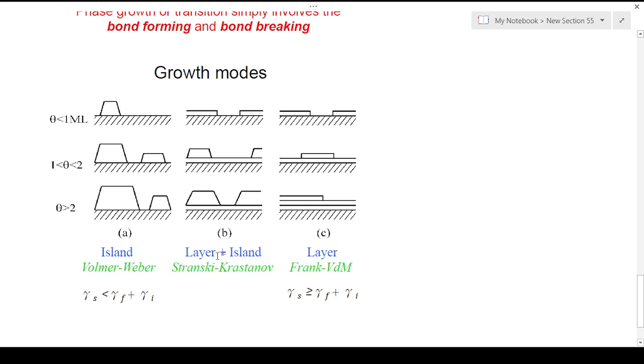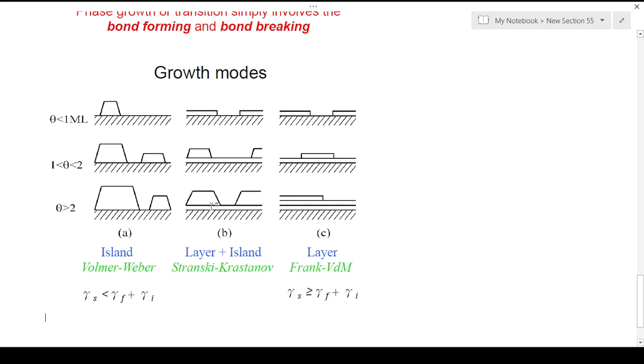Now the Stranski-Krastanov method. Here there is a formation of a layer plus islands. Initially, on a substrate, we have only islands. Now you can see a layer first, and over that layer you can see islands. As the quantity or concentration goes on, the thickness of the islands also increases.